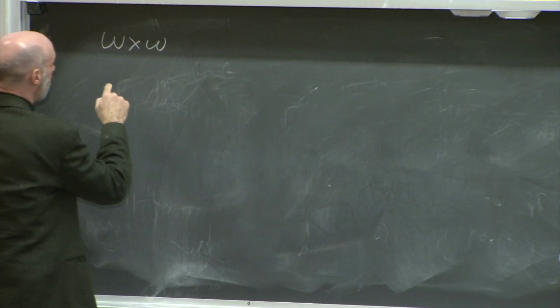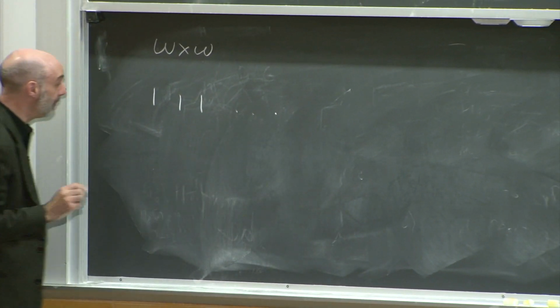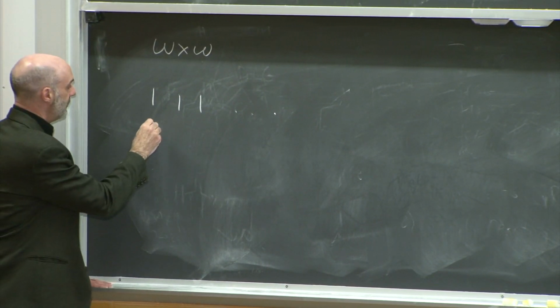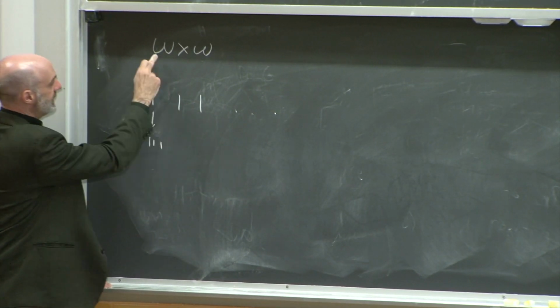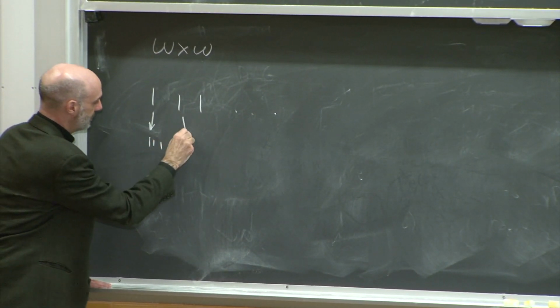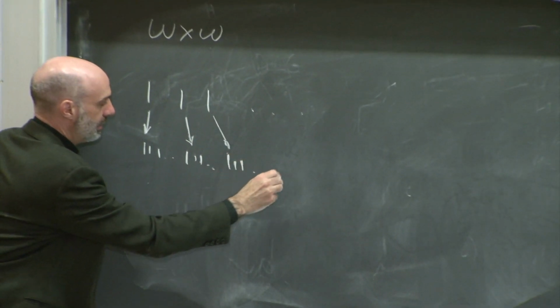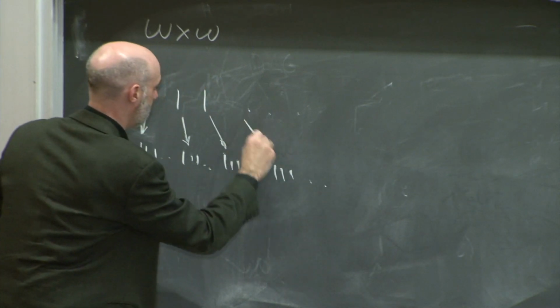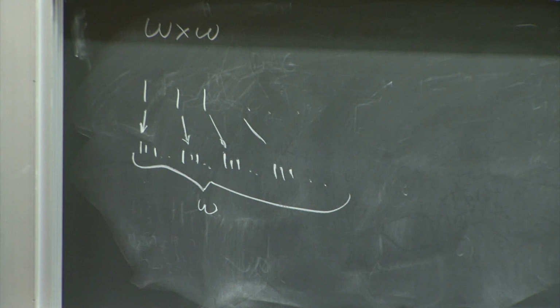So first, omega times omega. What you do is you start with an omega sequence, which you're going to treat as a template, and for each position in it, you're going to add an omega sequence, omega many times.